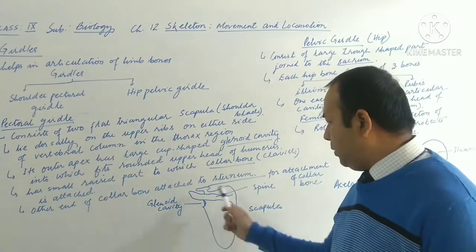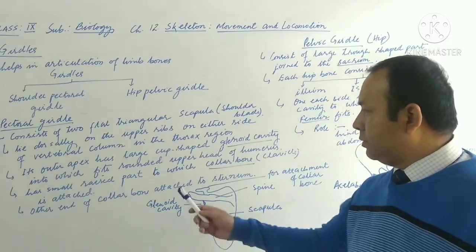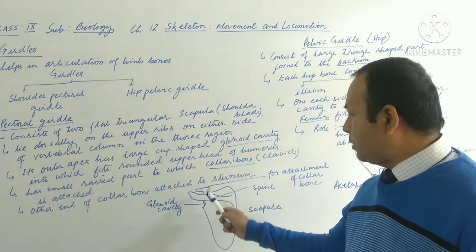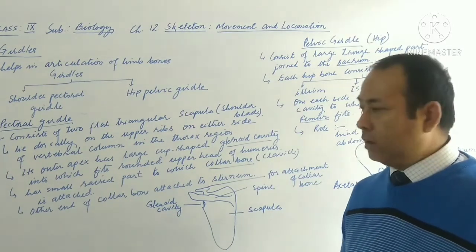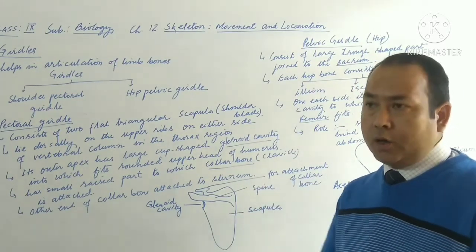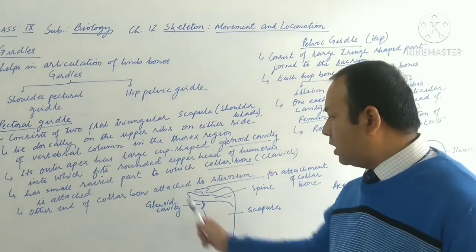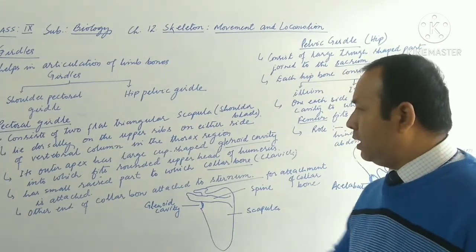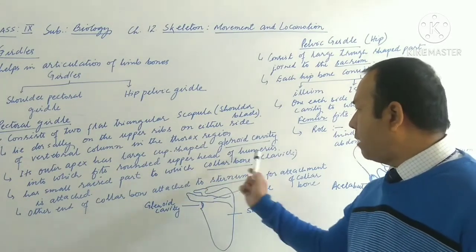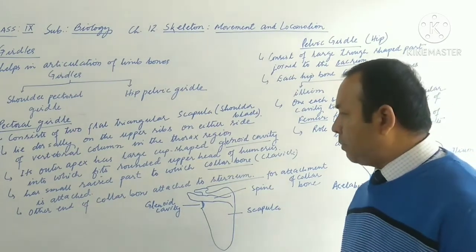Then if you see the figure properly, at the outer apex region a cup-shaped cavity is present, to which the rounded ball of humerus fits. This cavity is called glenoid cavity. Its outer apex has a large cup-shaped glenoid cavity, which receives the rounded upper head of humerus. Humerus means bone of the upper arm.